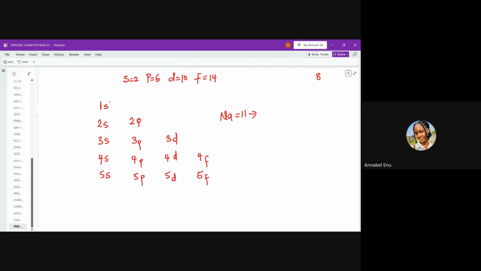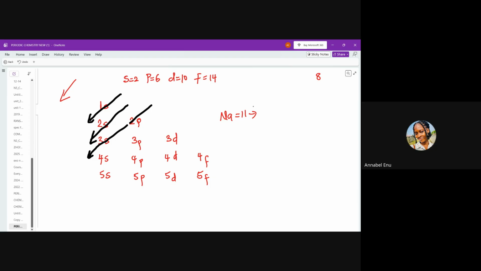Aufbau is that we are going in a diagonal direction. That is to say something like this, from top to bottom. Okay, so we'll start from 1s, we'll now do 2s. So it's more like writing this kind of line.